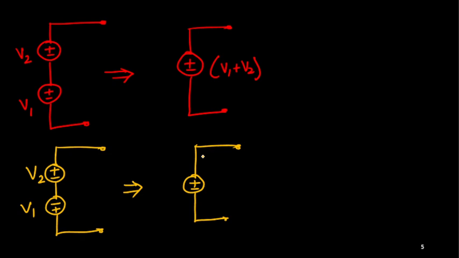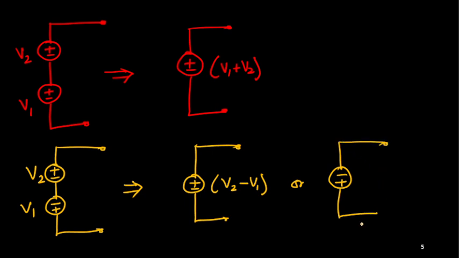So if I consider in this way, the polarity is the same as for V2. So I can assume that suppose V1 is absent, V1 is not there. So this value will be V2 only. In this case, V1 will oppose. So I'll subtract V1 from V2 to get the equivalent voltage along this V2 direction. Or we can consider the equivalent potential like this.